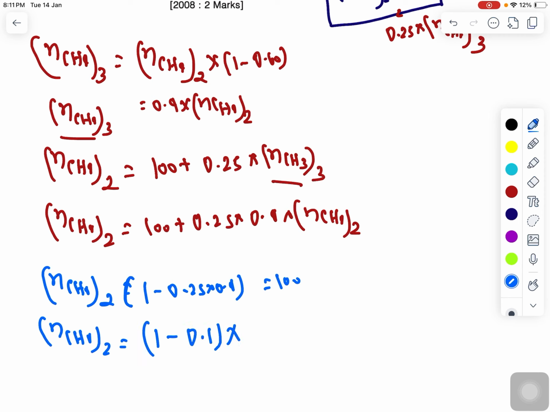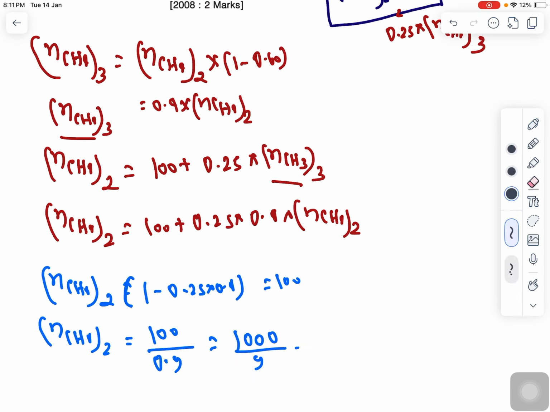Is that clear? This is just a simple calculation now. Sorry, this will be 100 divided by 1 minus 0.1, so 0.9, which equals 1000 by 9. Is that clear?